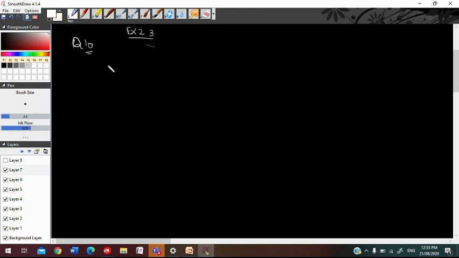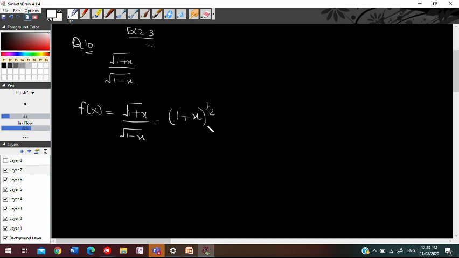The question is under root 1 plus x divided by under root 1 minus x. So this is your f of x. Instead of writing this under root, you can write its power 1 by 2, and you can apply derivation.